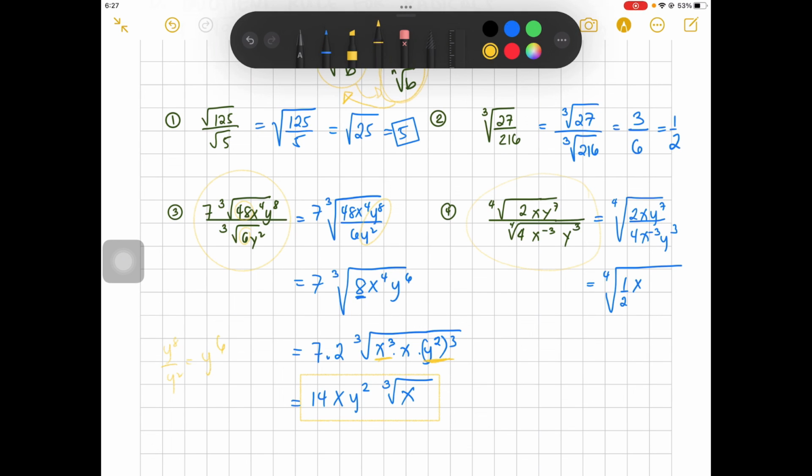And then x raised to negative 3, iakyat natin, so meron na tayong x raised to 4. Tapos, y raised to 7 over y raised to 3, gawin natin y raised to 4. We applied properties of exponents. And so, we have x raised to 4 and y raised to 4. These are perfect fourth powers. So, if we extract them, they are just x times y, 4th root of 1 over 2.